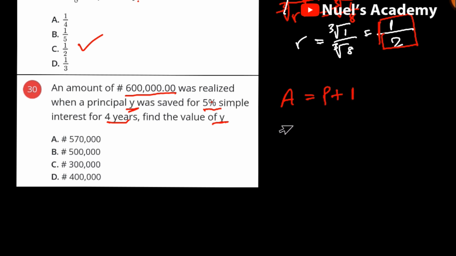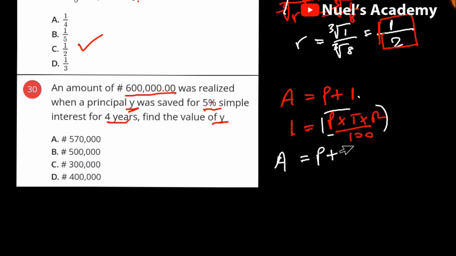Now we know that the formula for interest is equal to principal times time times rate over 100. So if you substitute I into this equation, we are going to get that A is equal to P plus P times time times rate, then over 100.